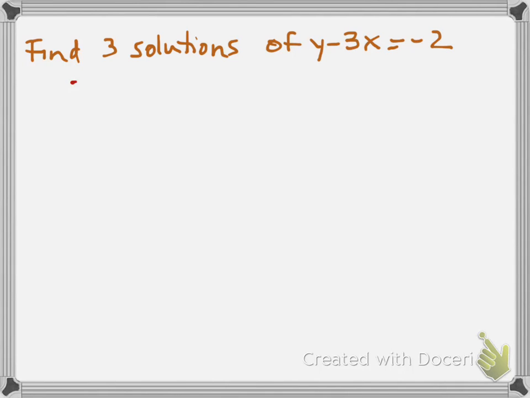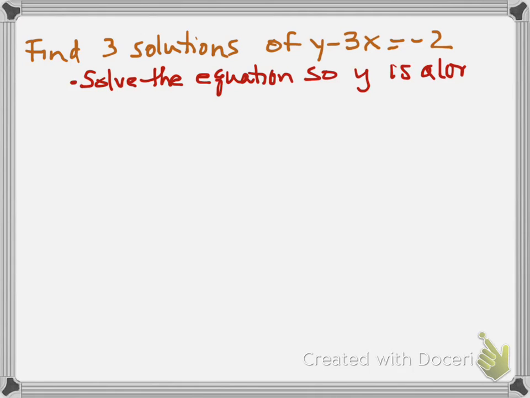So what we're going to do, big hint, is you're going to solve the equation so y is alone on the left. It's going to make our finding 3 solutions a lot simpler, okay? Because it's going to help us figure out what we're going to choose for an x.